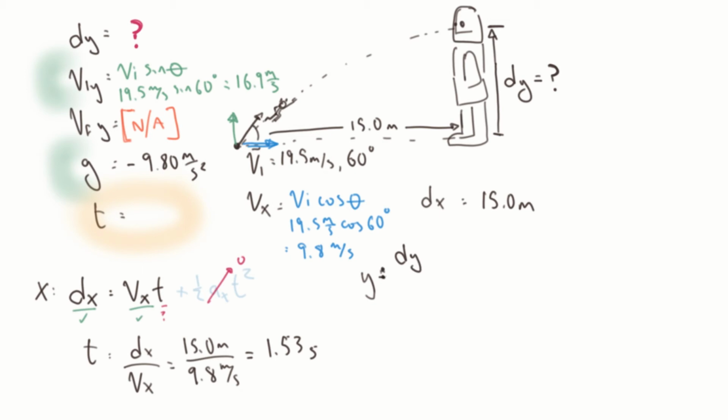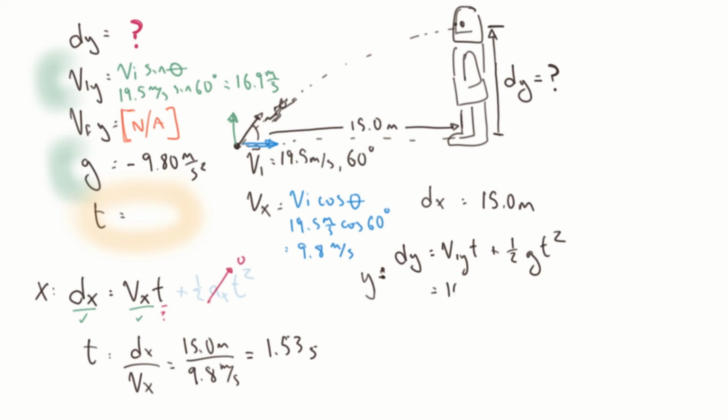We'll put a colon and an equal sign. dy equals viy t plus 1/2 g t squared. Now on a lot of our earlier problems, something would have zeroed out here. Nothing does, so we just have to plug things in. We're not solving for the time, so that makes it easier. We don't have to solve a quadratic, and we just plug our information in.